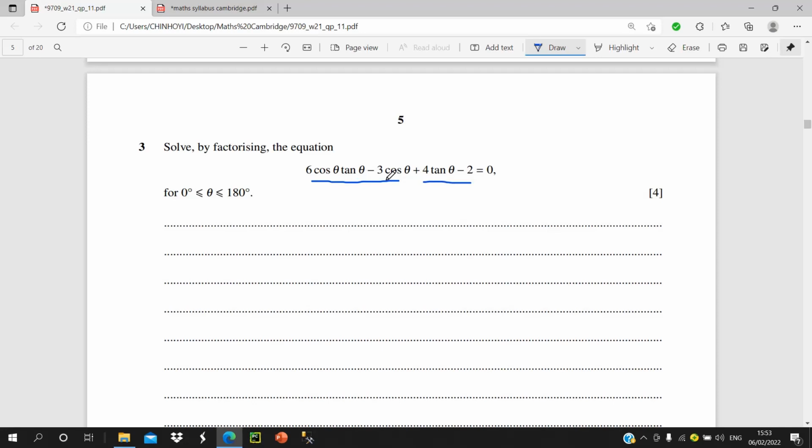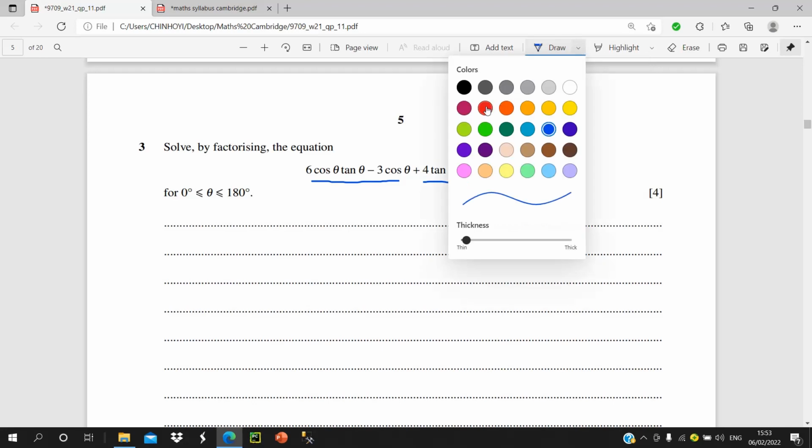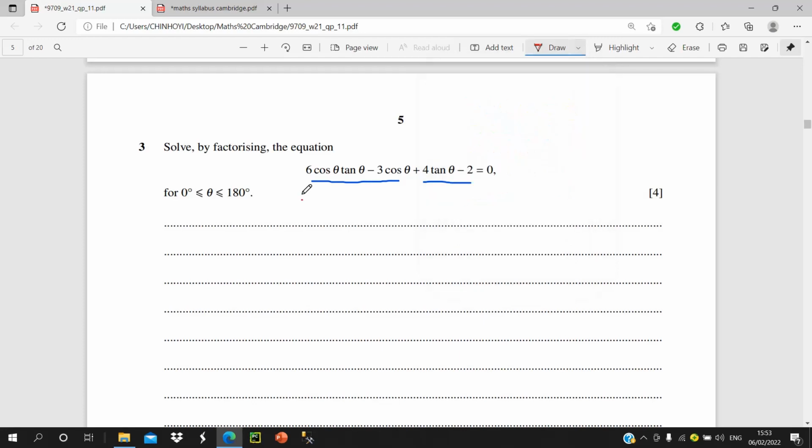For these 2 terms you factor out the term which is common, and for the other 2 terms the term which is common. Let's take 3 cos theta out of the first two.